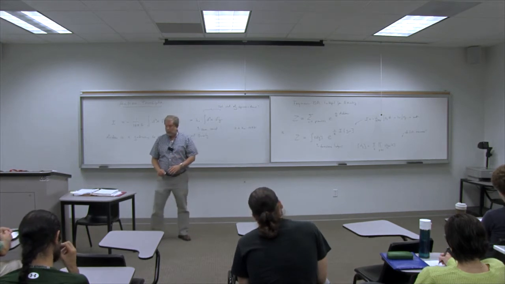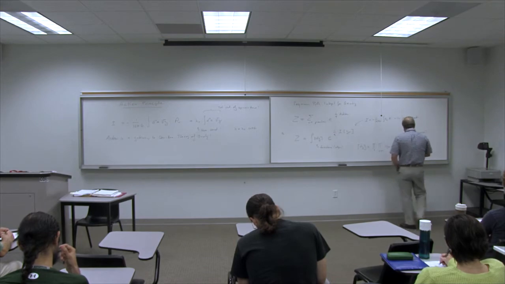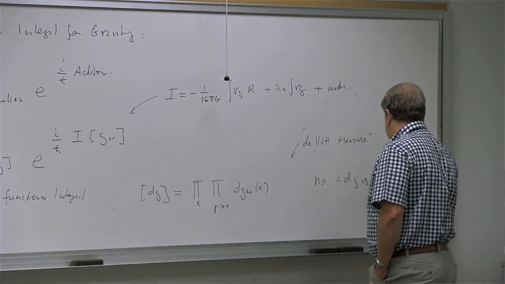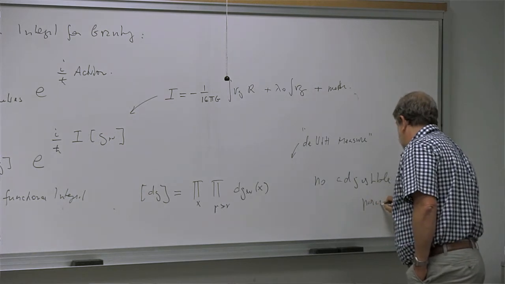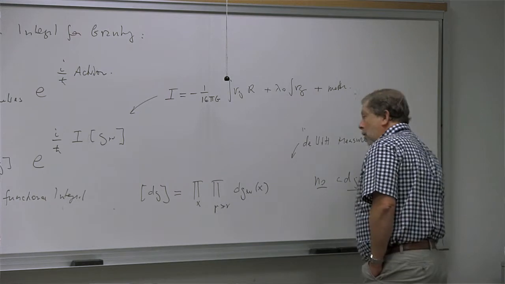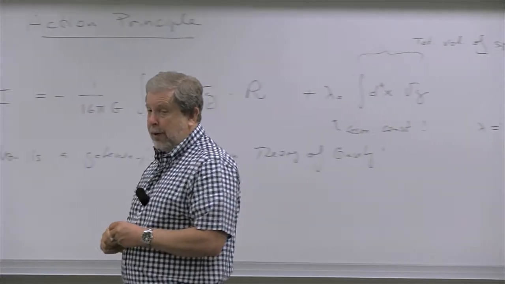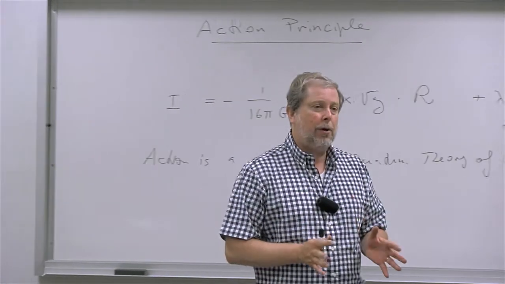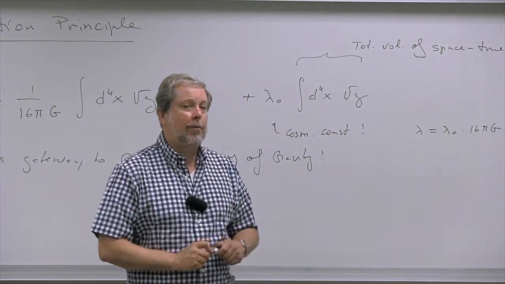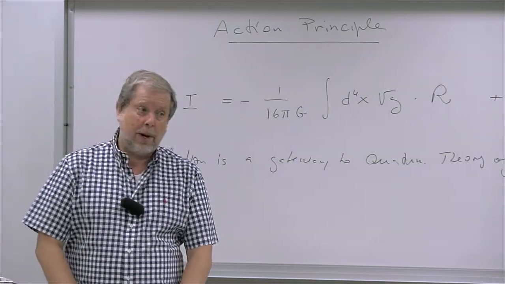So in this theory, there are no adjustable parameters. In principle, it's a theory that, because the classical theory is uniquely determined by general covariance, so is the quantum theory as well, which is also supposed to be general covariant, right? So it is a theory that contains very few parameters.